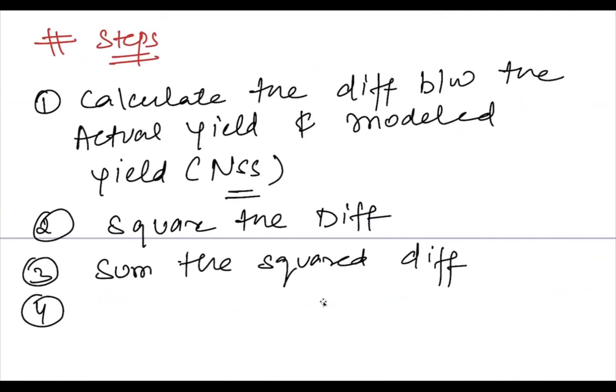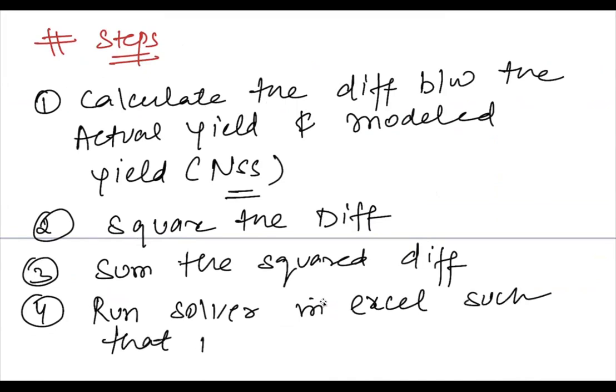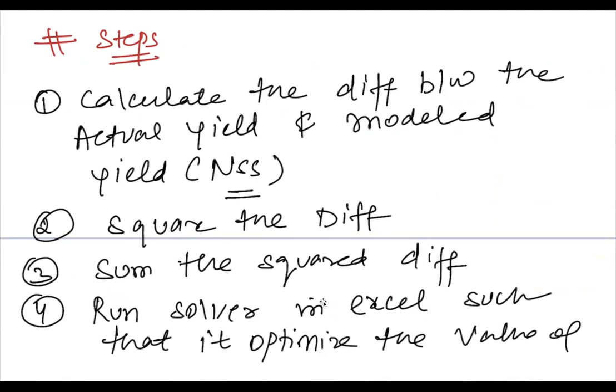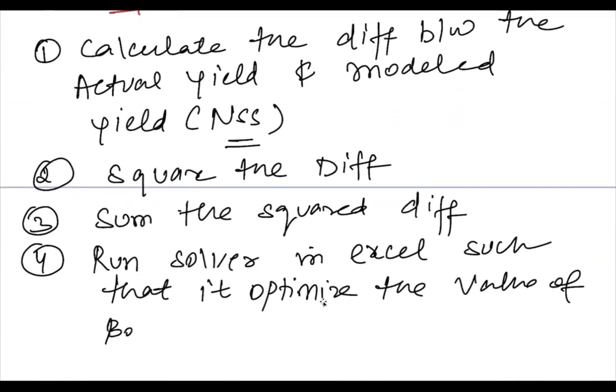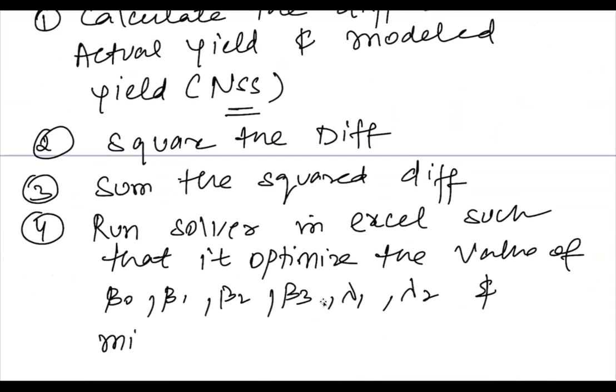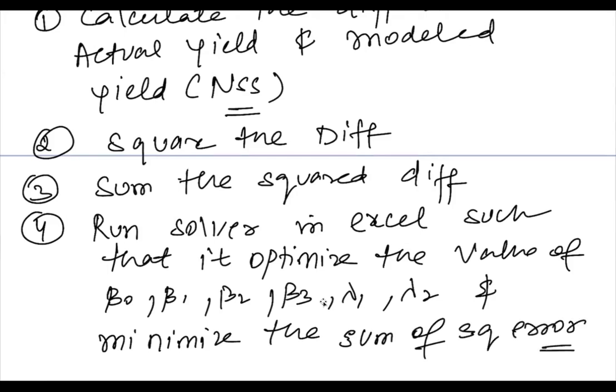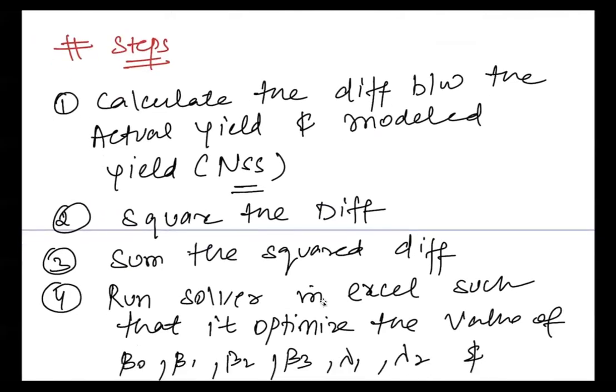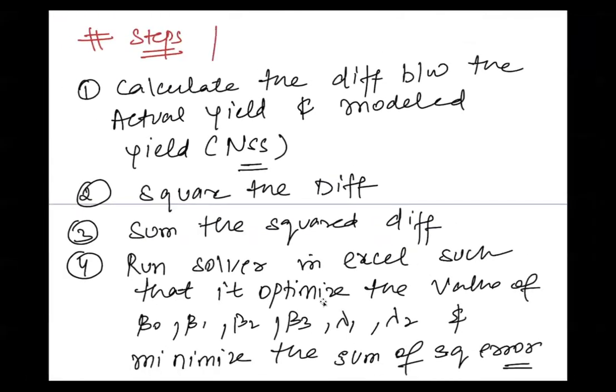Last piece is run Solver in Excel such that it optimizes the values of beta naught, beta 1, beta 2, beta 3, lambda 1, lambda 2, and minimizes the error term, the sum of square error. So this is nothing but the steps for OLS.